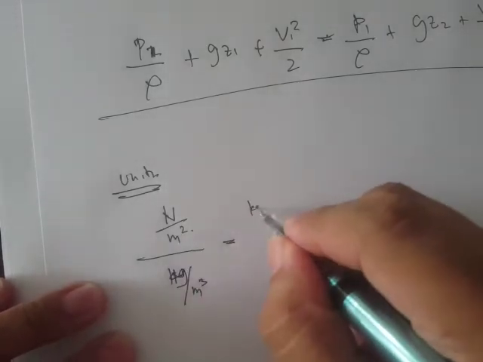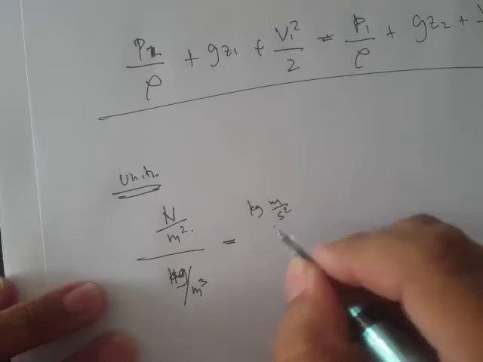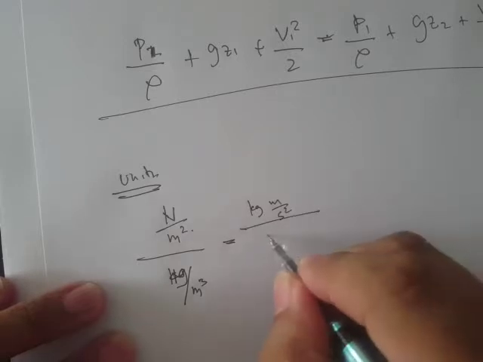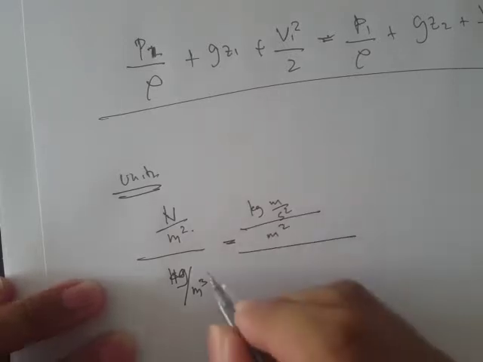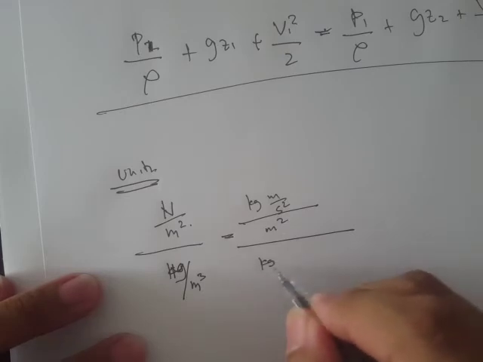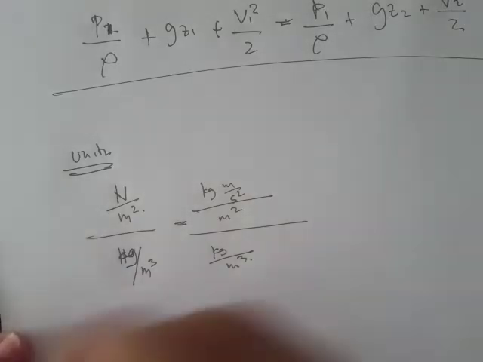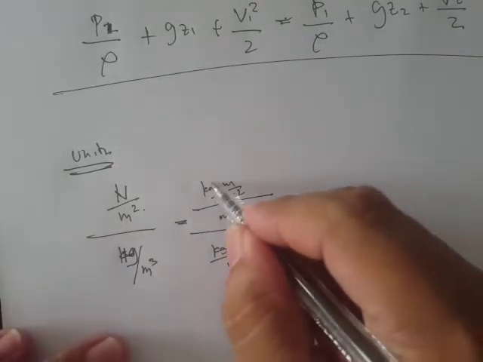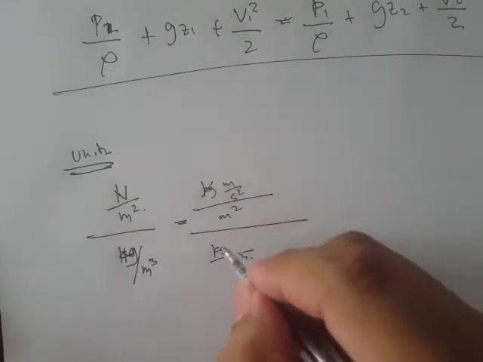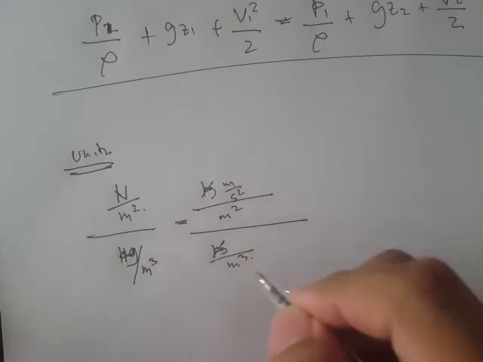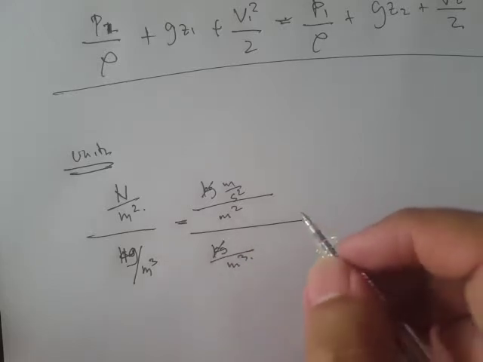That's actually kilogram meter per second squared, right, divided by meter squared, and then this one kilogram per meter cube.